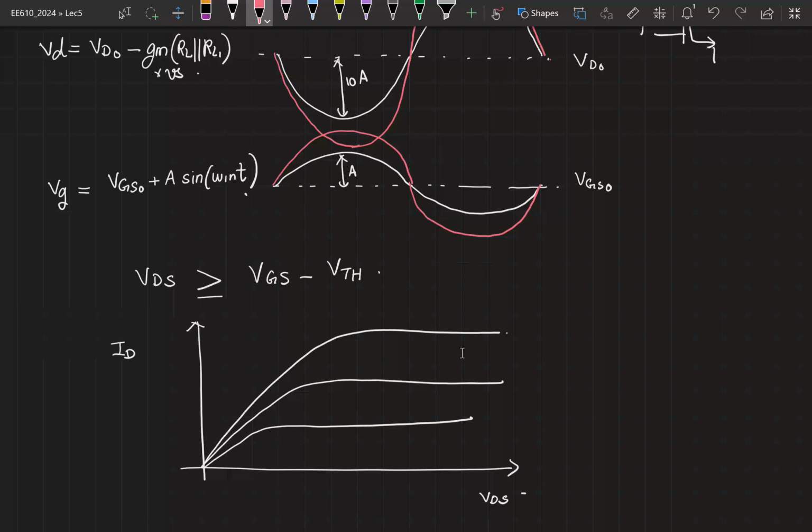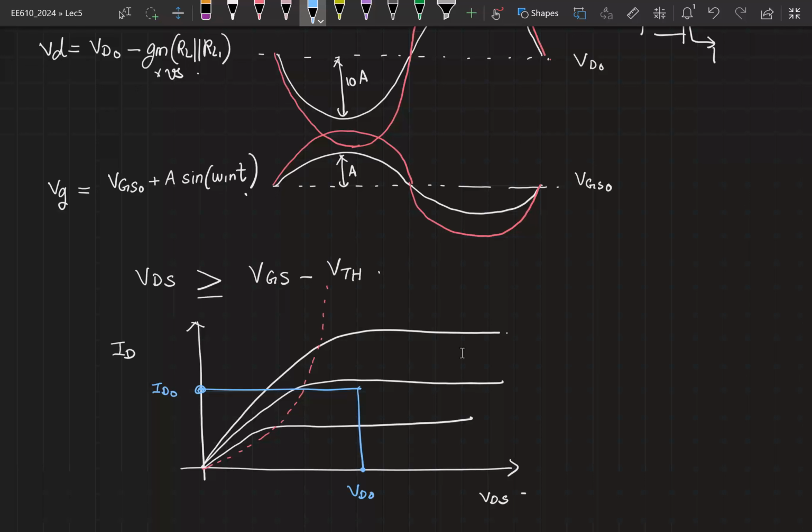And the point at which it was shifting from saturation to linear can be traced out using a parabolic curve like this, right? Now let's assume that you initially started with some ID 0 and a VD 0 somewhere here.